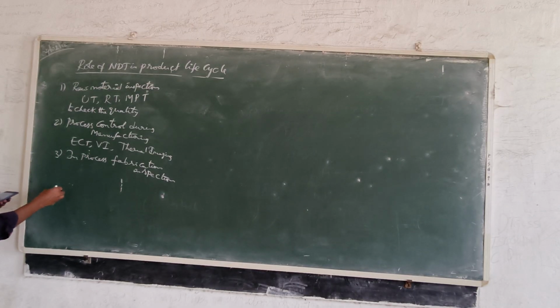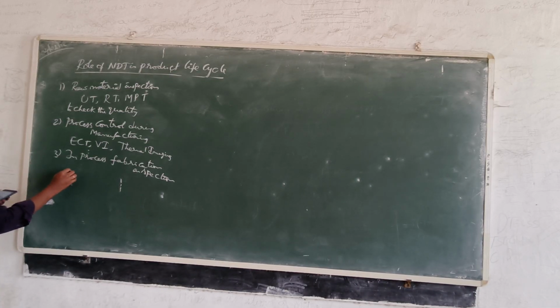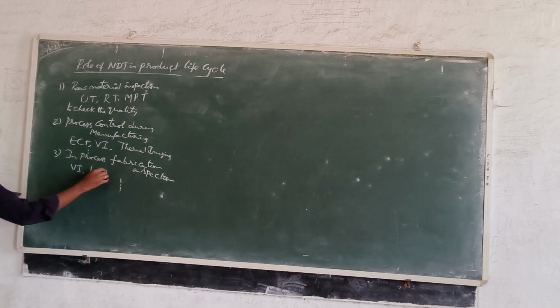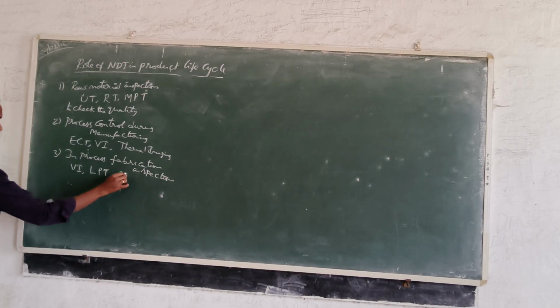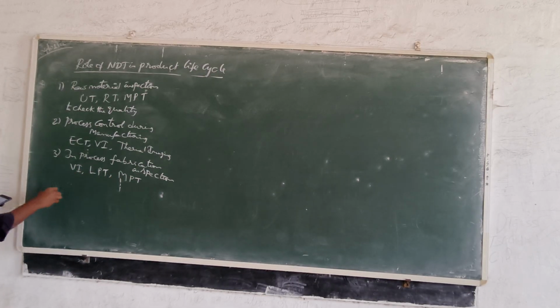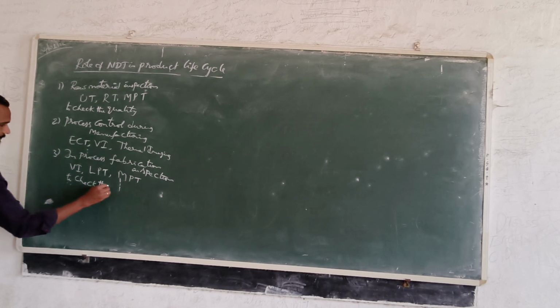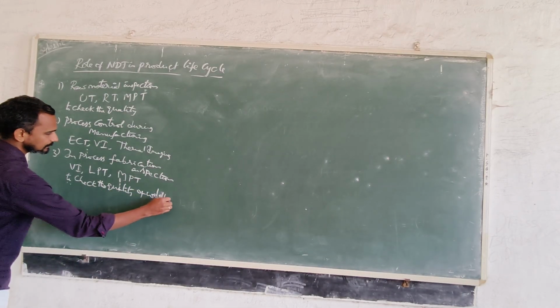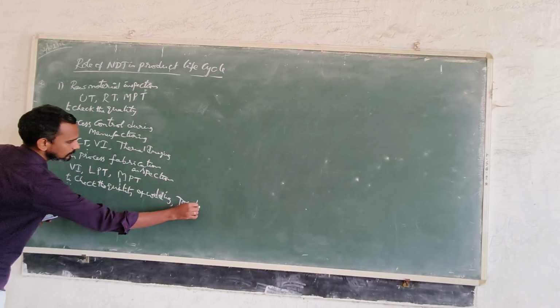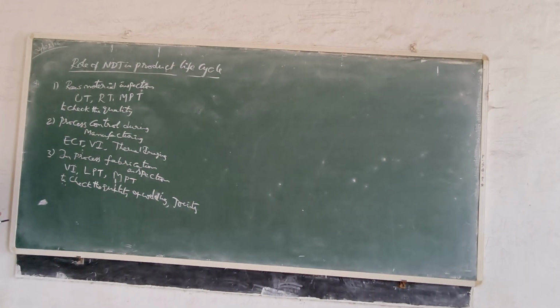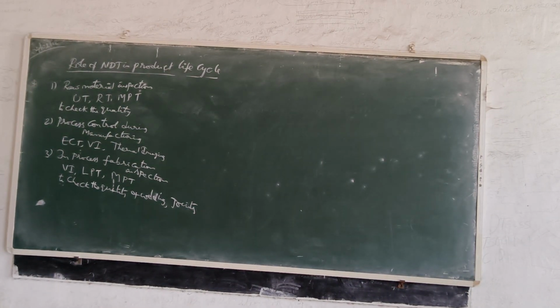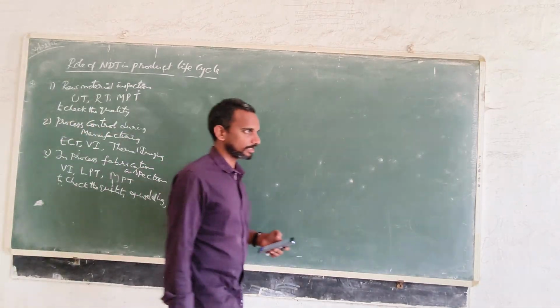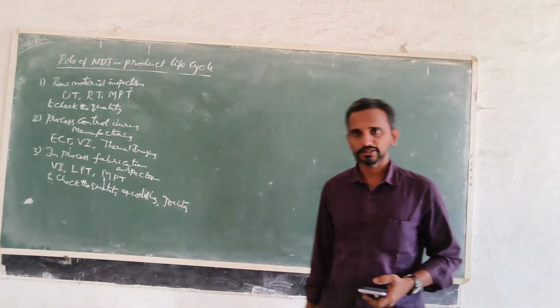So we use similar things like visual inspection, LPT, MPT, etc., to see the quality of welds and joints. So these things can be inspected for quality assurance.